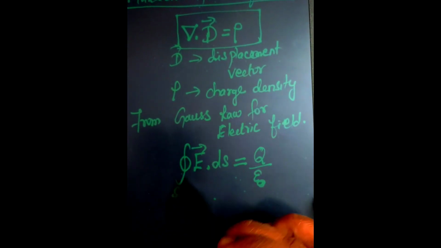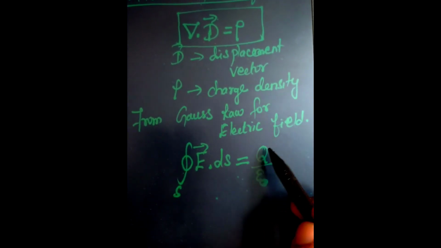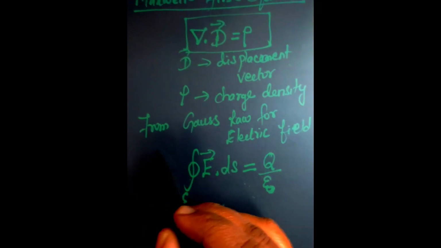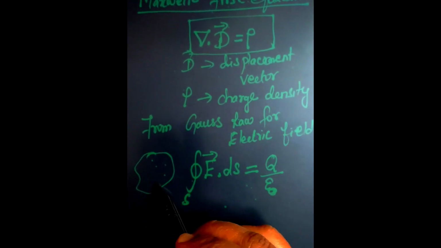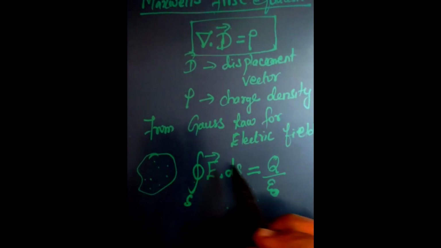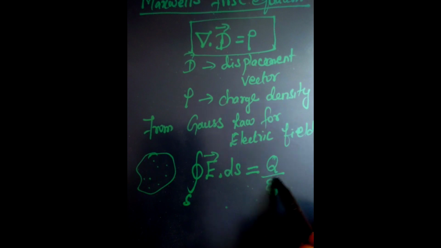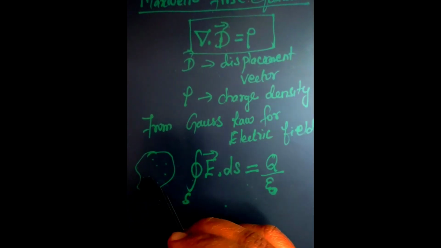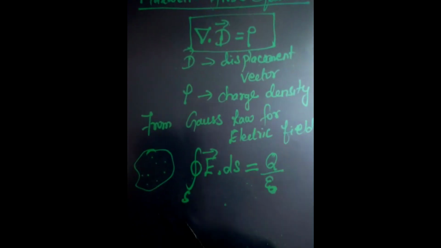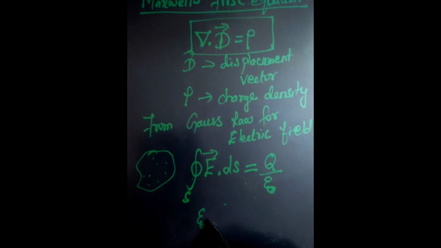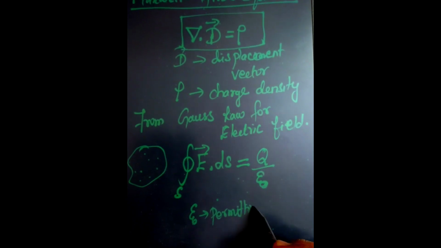For example, within a closed surface, if there are many charges, then the electric field flux through the closed surface is equal to the total charge divided by epsilon naught, where epsilon naught is the permittivity of free space.